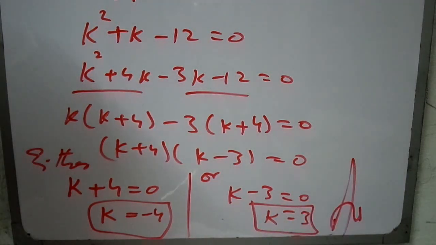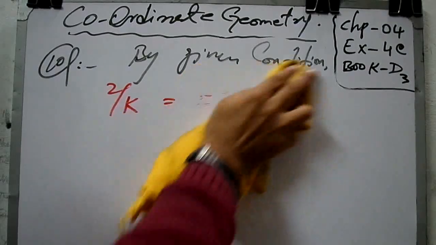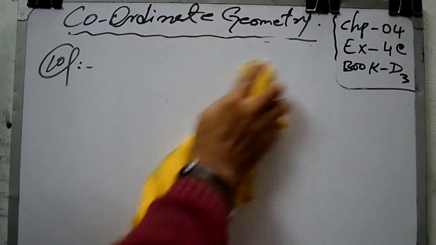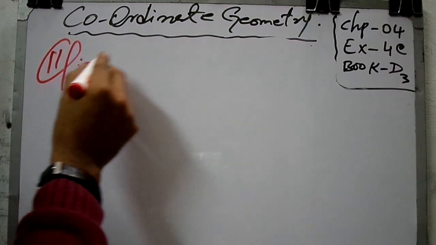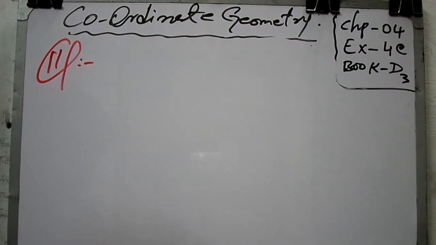Now coming to question number 11. In question number 11, find the equation of the straight line with gradient minus 2 by 3 and passing through the points minus 3 and 5, if this line also passes through the point a and 3.